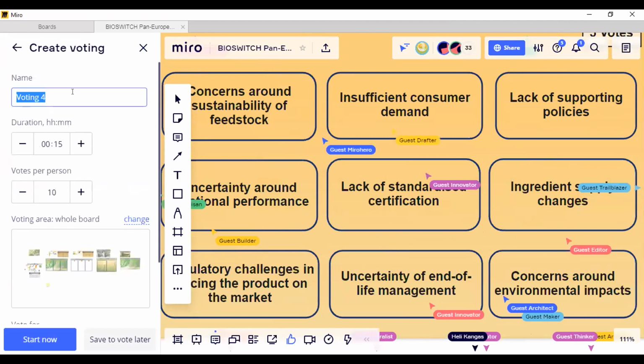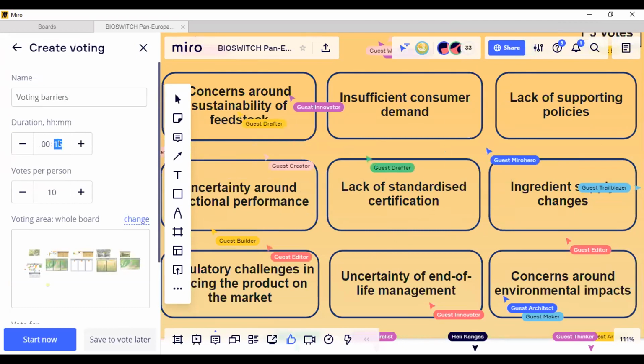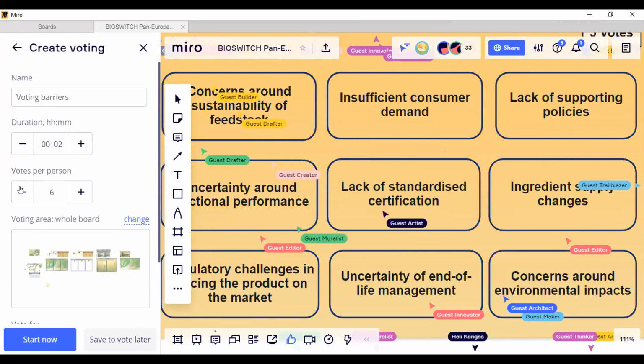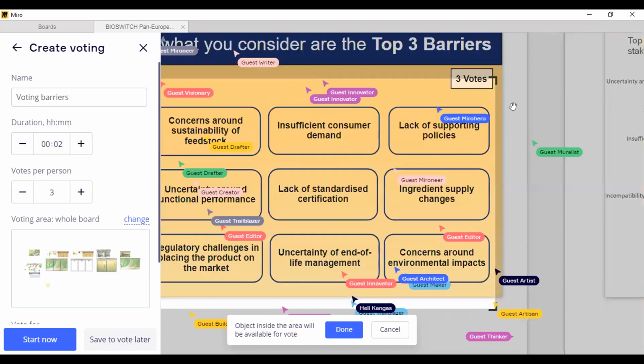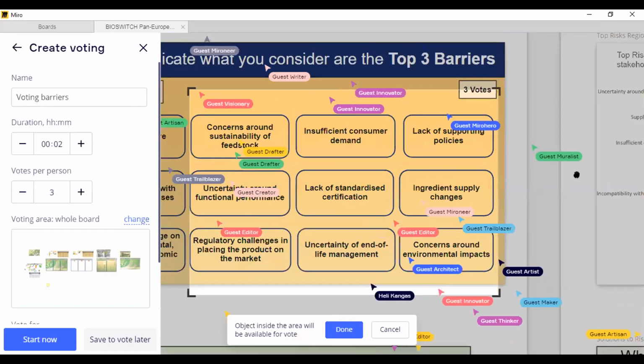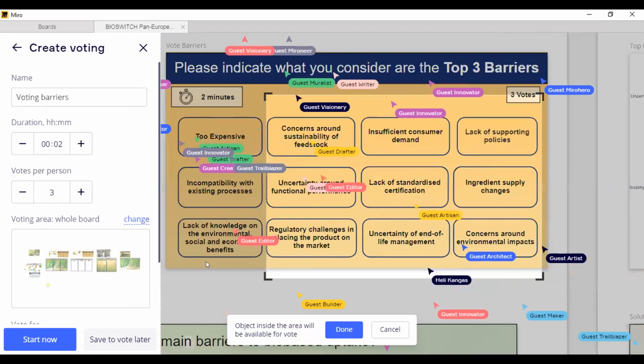So let's take again the top 3 barriers that you think are the most important. Let's do it again since we lost a few who couldn't vote. On the left-hand side in your Miro board, there will be this vote now button that you can click.